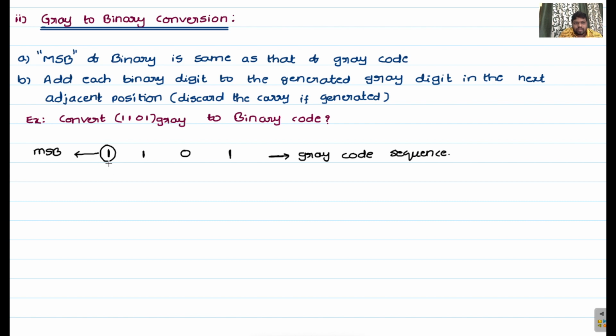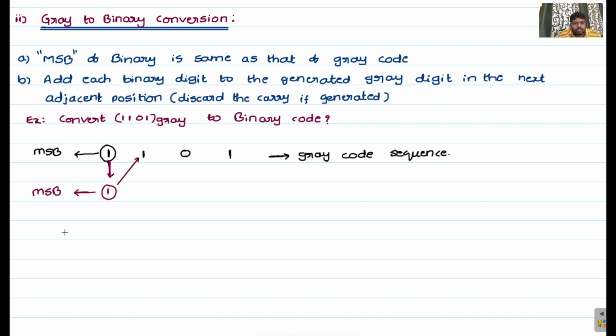So now I am taking this 1 as it is in the MSB. Add this binary digit to the generated gray digit in the next adjacent position. This is your next adjacent position in the gray code sequence. Just add these two and then you will get the next corresponding bit in the binary sequence, right?